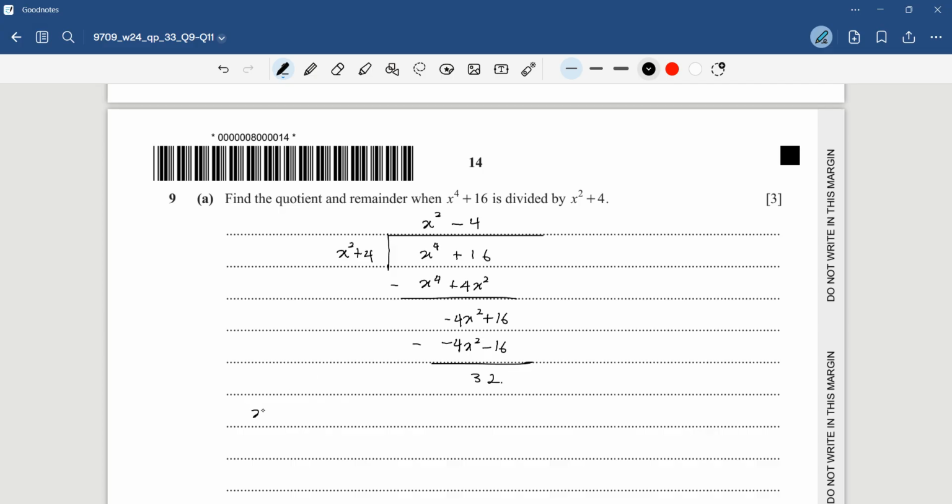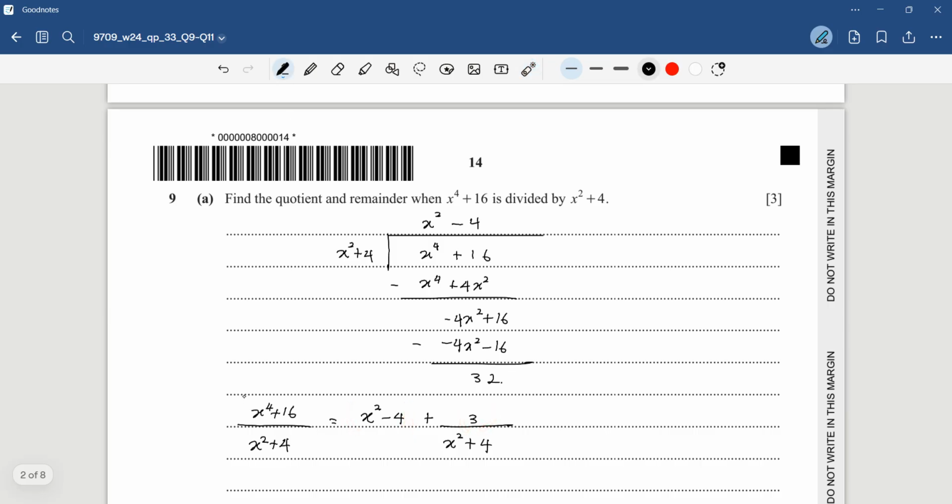Therefore, when x to the power of 4 plus 16 is divided by x squared plus 4, then you will get x squared minus 4 plus 32 over x squared plus 4. So this will be your quotient, this will be your remainder.